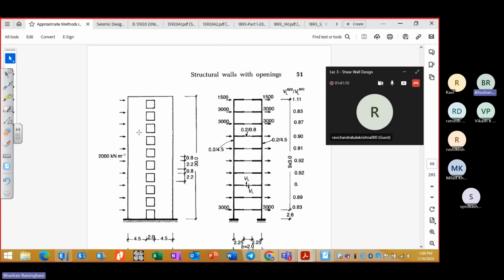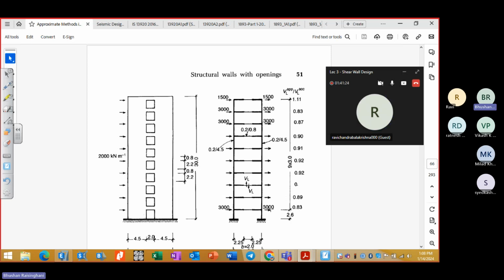Same here, you can see two columns I had drawn, and in between, the stiffness modifier; these are the coupled beams. Coupling beams are on the edges. These are the rigid links, which act as your column, and in between it acts as a beam, dominated by shear forces VL and VL.